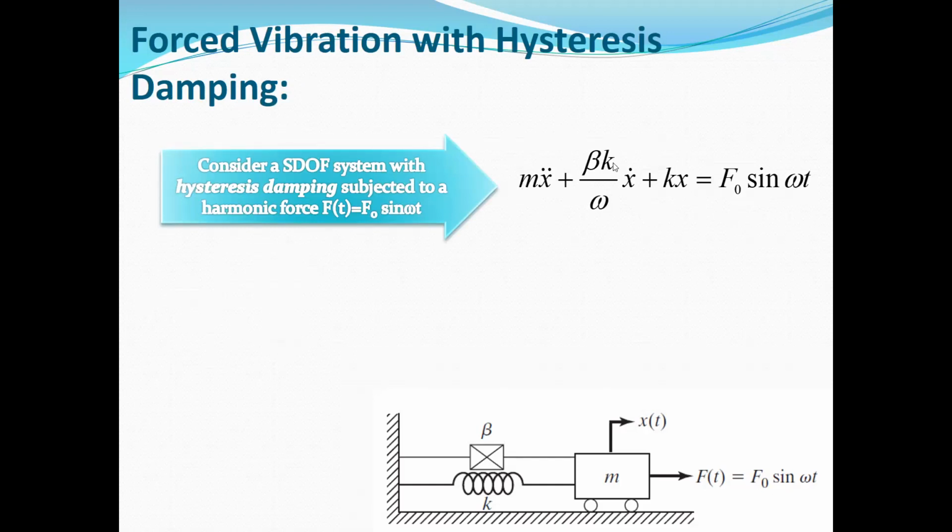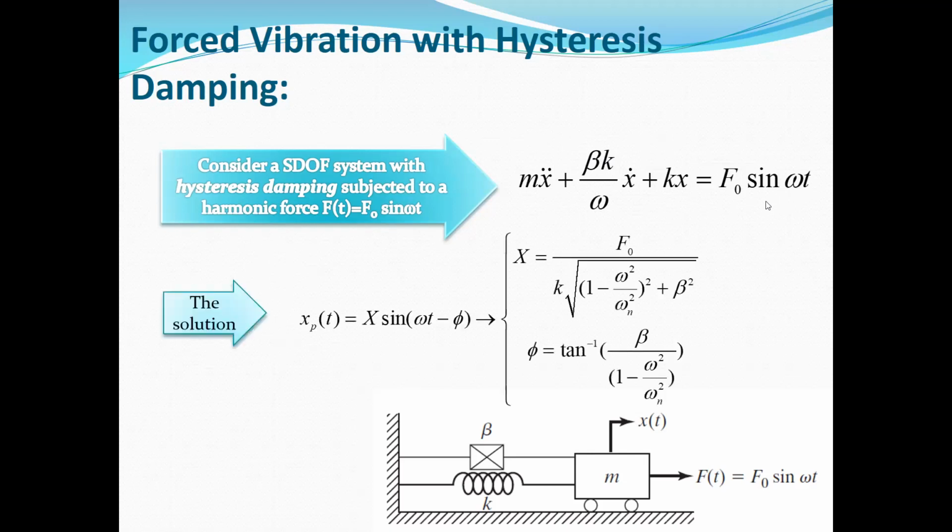The equation of motion for this system, using the equivalent viscous damping coefficient, which you know from the previous section is beta k divided by omega, plus k x is equal to F naught sine omega t.